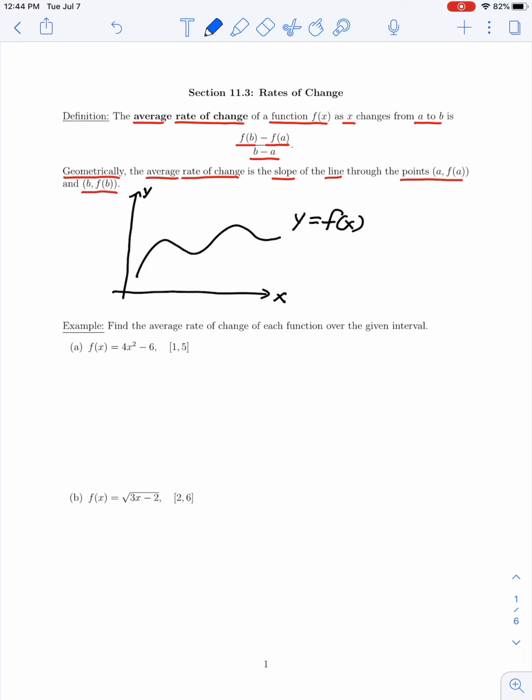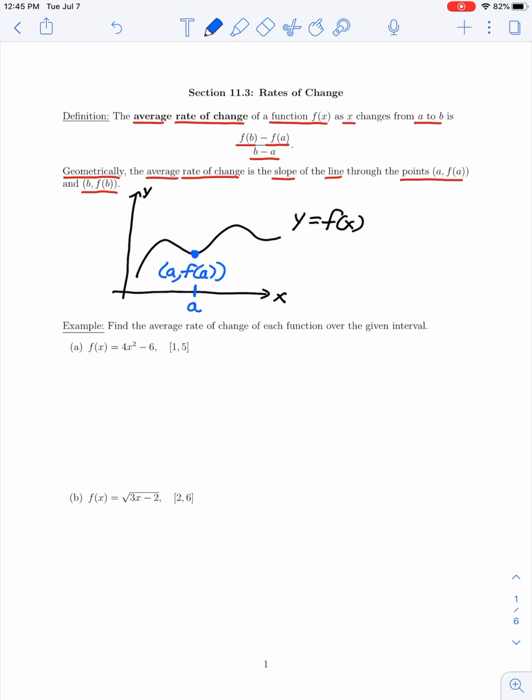So let's say that we have an x value a, then the corresponding point on the graph of our function for that x value would be a, and since the point lies on the graph of our function, its y-coordinate is given by f of a, the value of the function at x equals a.